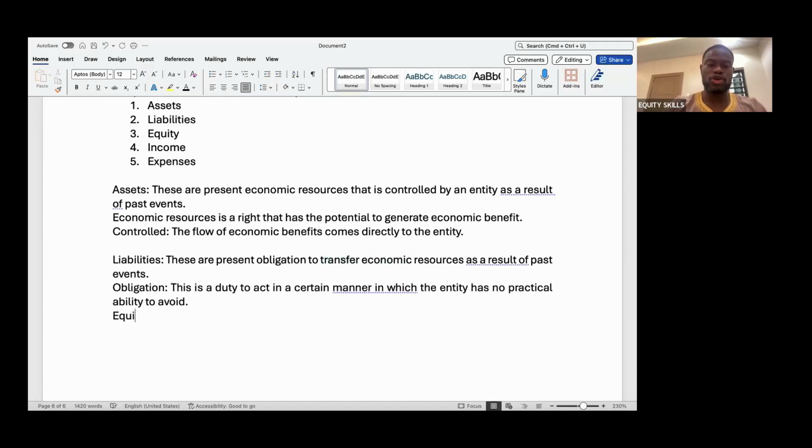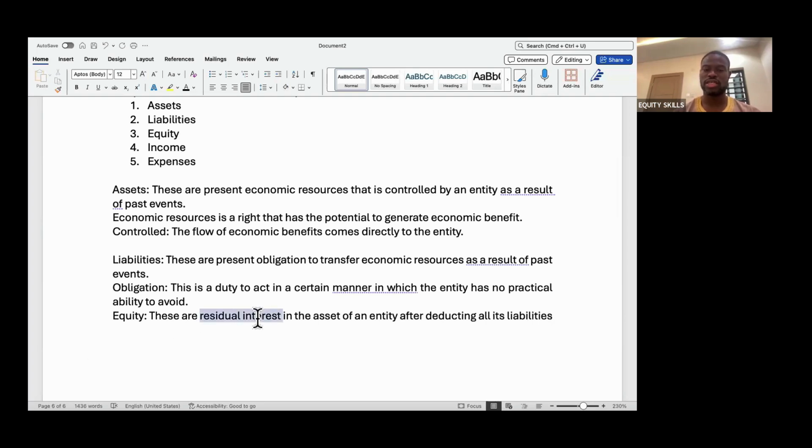Then you have equity. And equity is the residual interest in the assets of an entity after deducting all its liabilities.